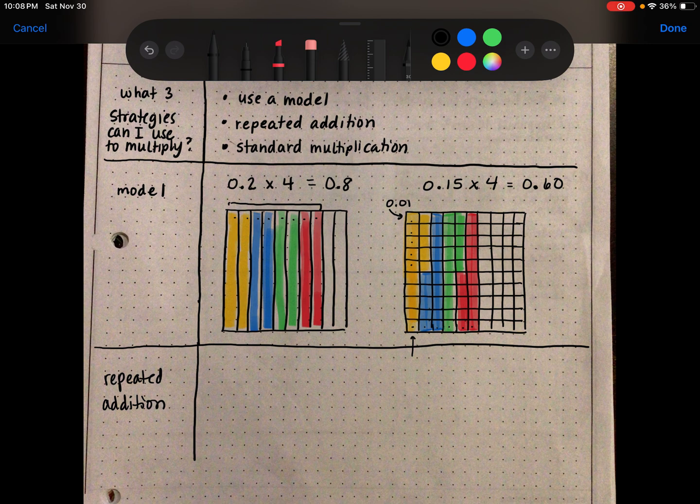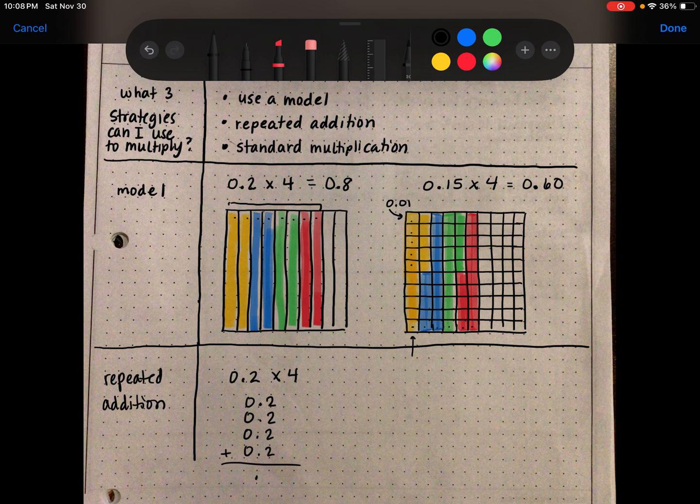So when we repeat addition, I can do the exact same problem, 0.2 times 4, and I'm going to do that 0.2 4 times. So I would set it up like this: 0.2 plus 0.2 plus 0.2 plus 0.2.